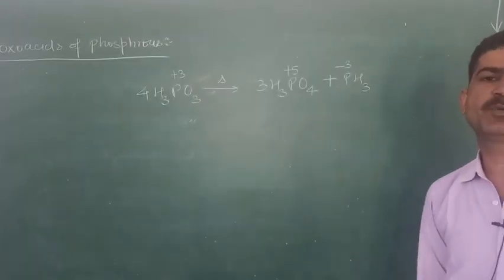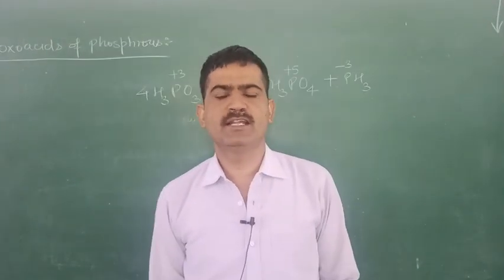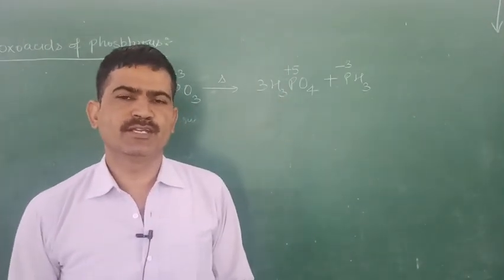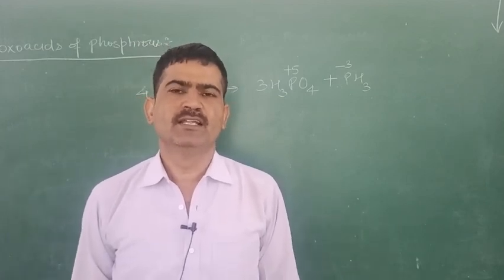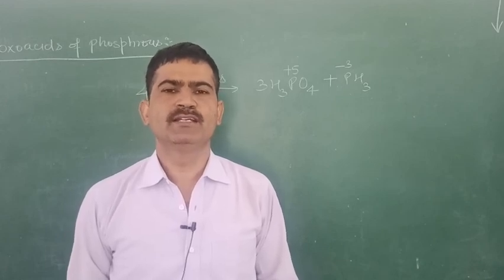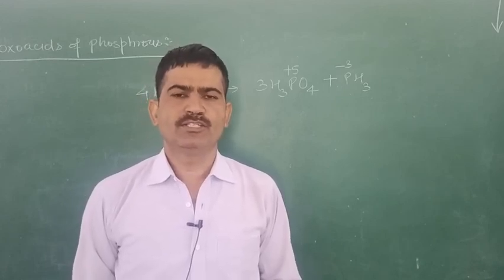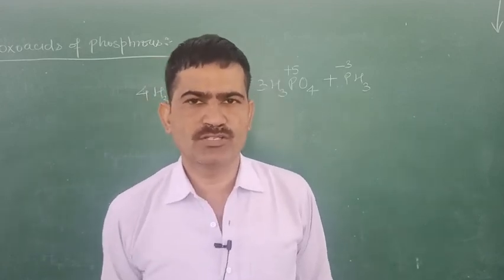This is known as a disproportionation reaction. Somewhere it acts as an oxidizing agent and somewhere as a reducing agent. It means the oxo acids with lower oxidation state, up to +3, can disproportionate easily.